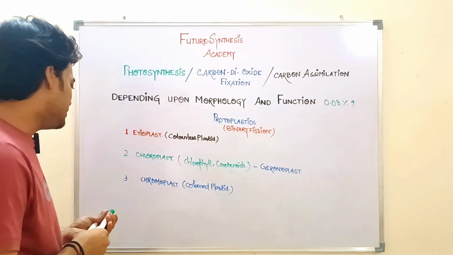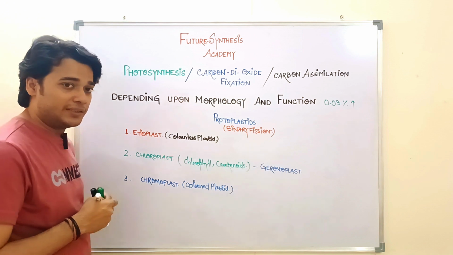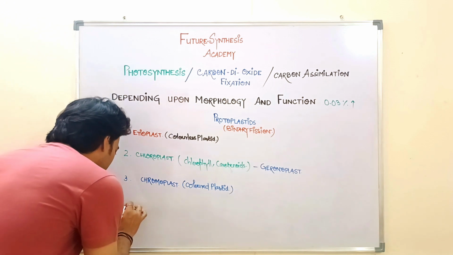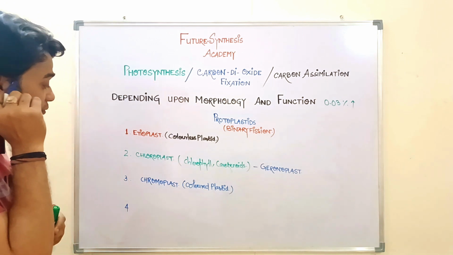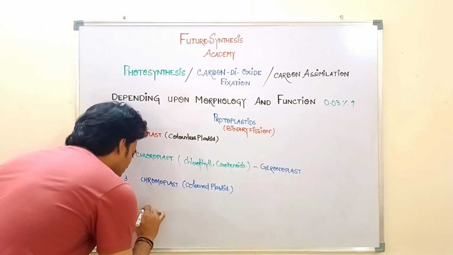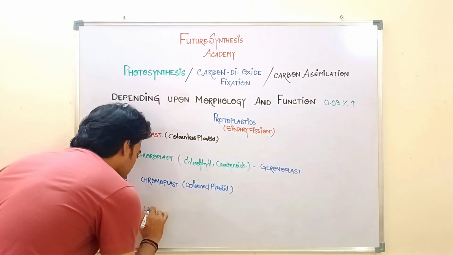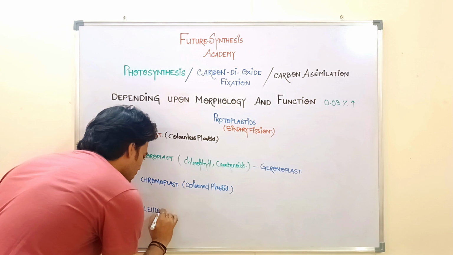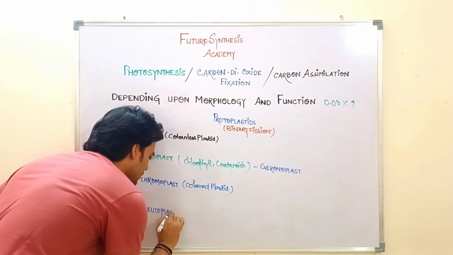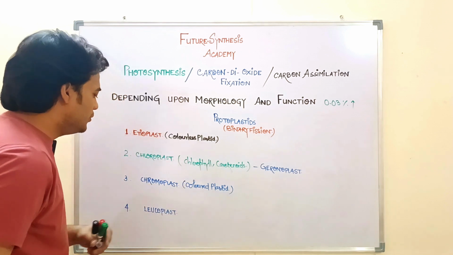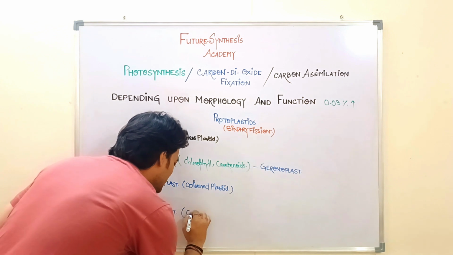Now the fourth kind of plastid, which is really important and which has further division, is leucoplast. Now we all know that leucoplast is basically a colorless plastid.